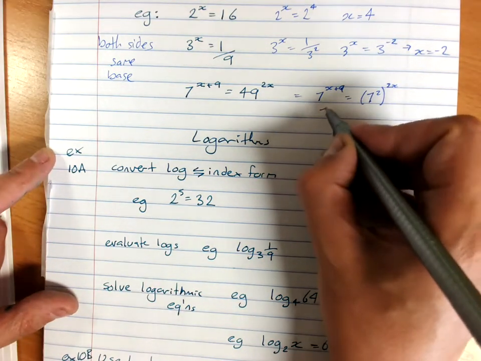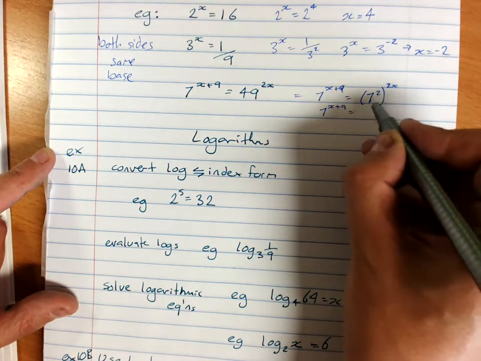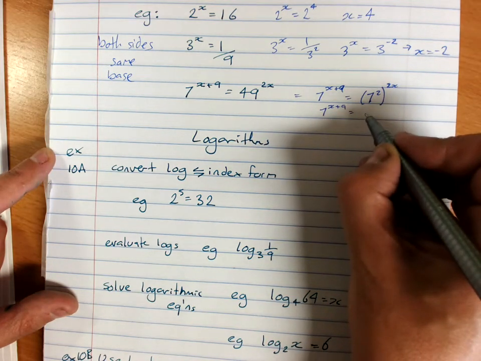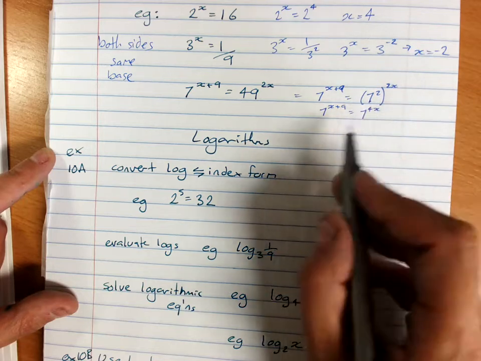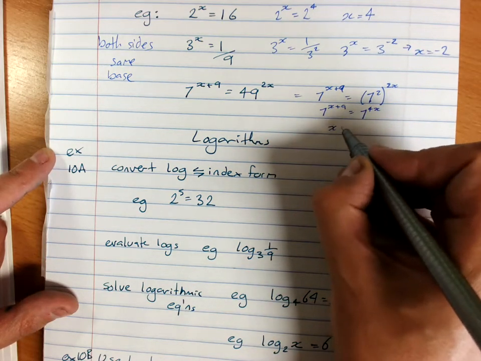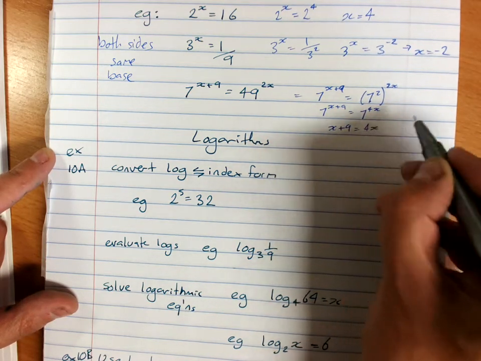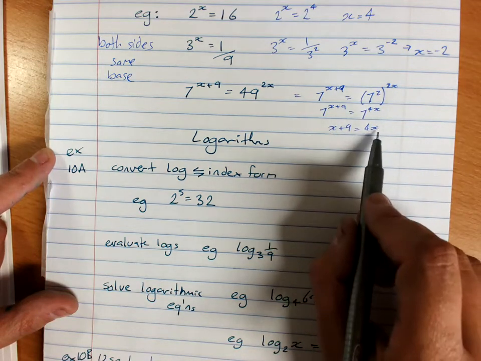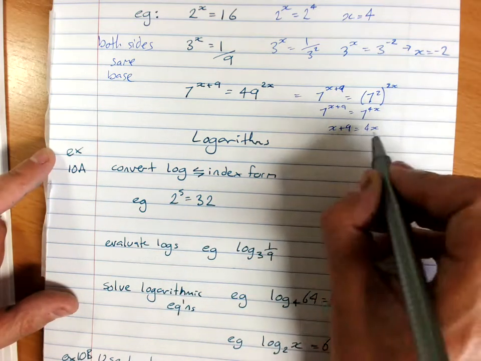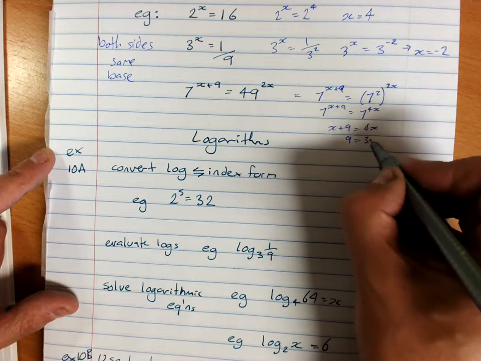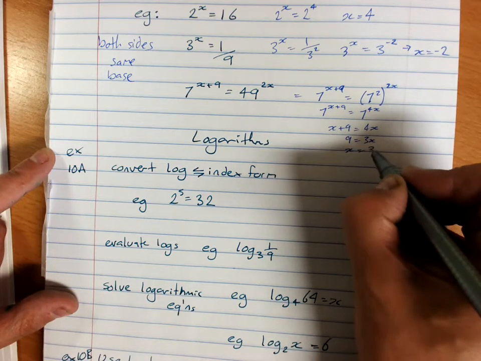Then you'd expand, so 7 to the x plus 9 equals 7 to the power of 4x. Now we can equate x plus 9 equals 4x. Subtract x on both sides, because now it's just a nice little equation. 9 equals 3x, so x equals 3.